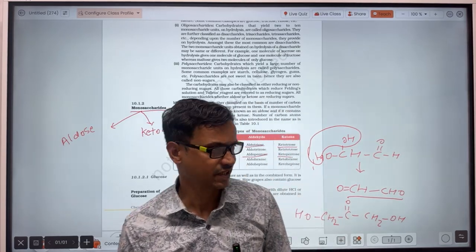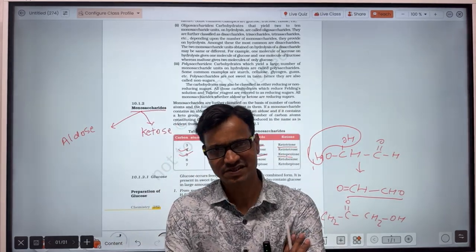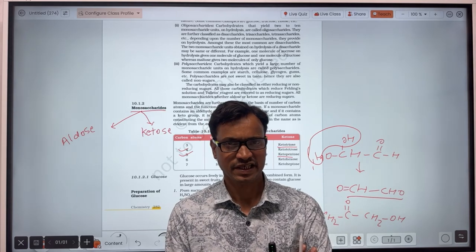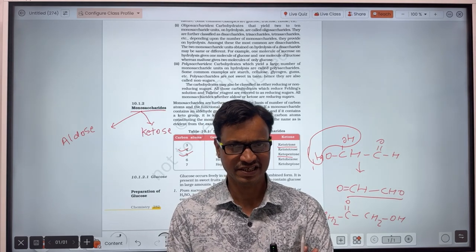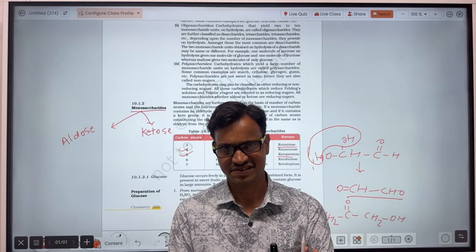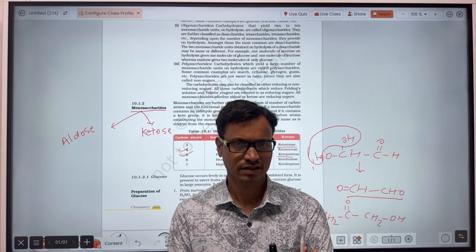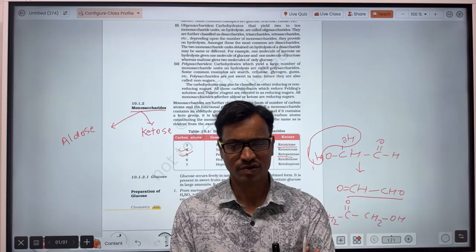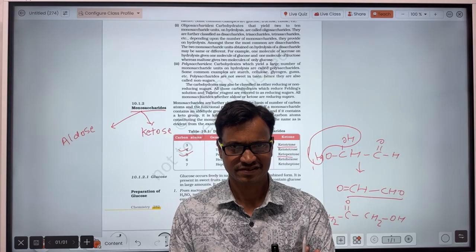The oligosaccharide is composed of 2 to 10 monosaccharide units, and the polysaccharide is composed of a large number of monosaccharides.